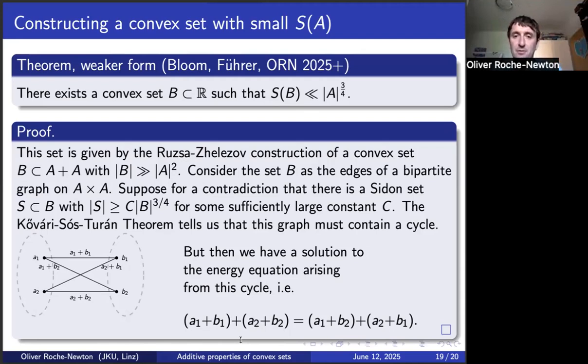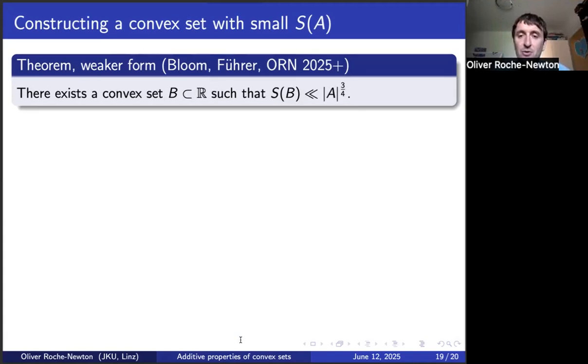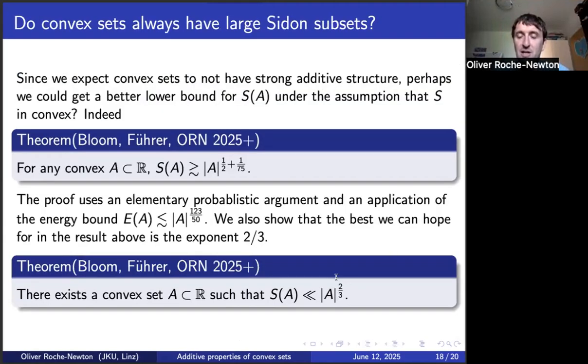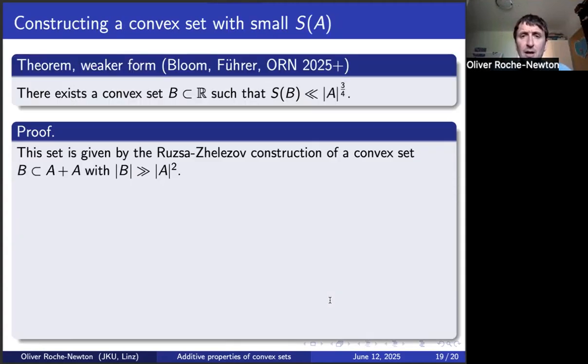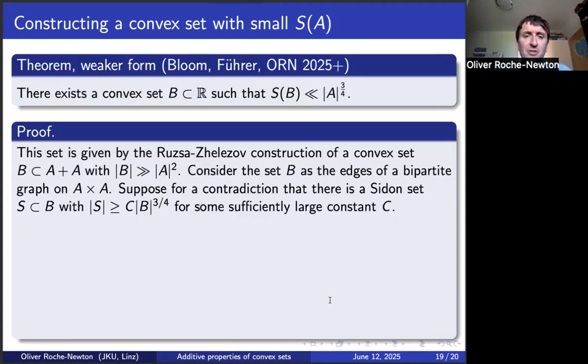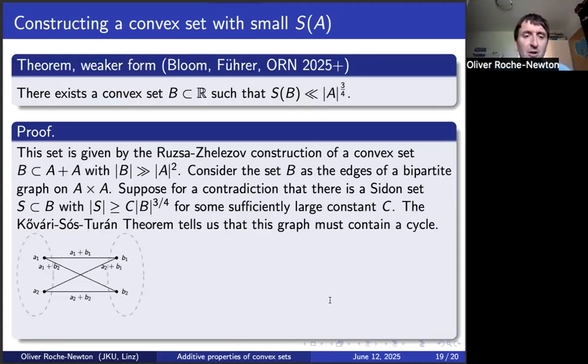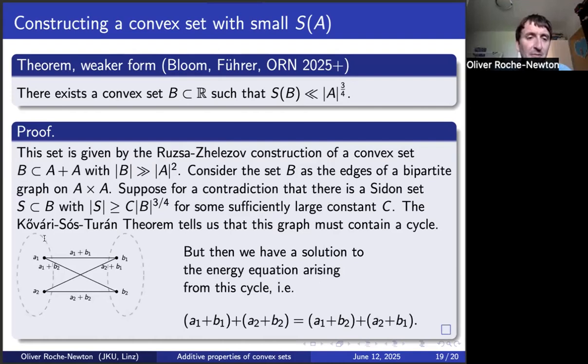And what we did to get this 2/3, which I wrote down in the previous slide, is we just did an unbalanced form of this construction. So this argument works a bit better if you have a set A1 with size n, a set A2 with size n squared, and this B having size about n cubed.